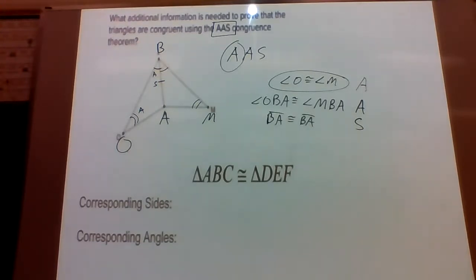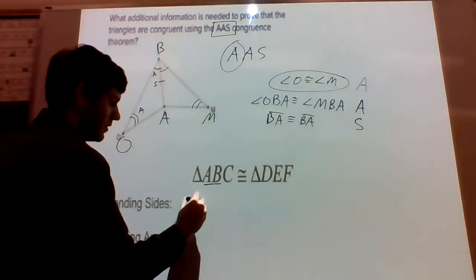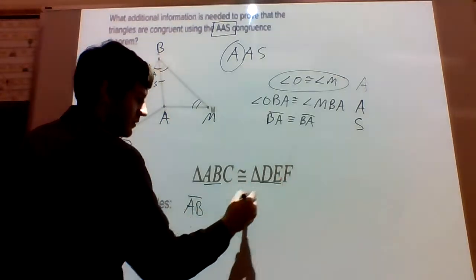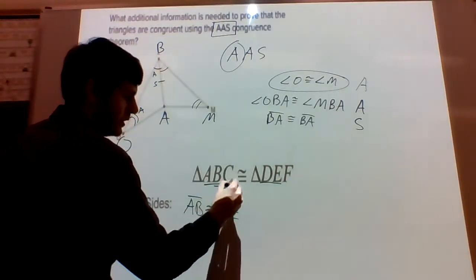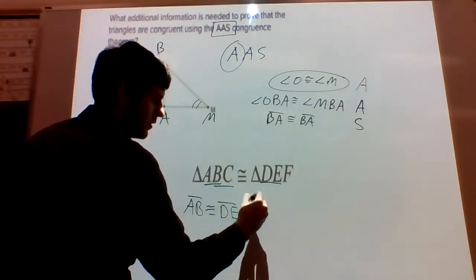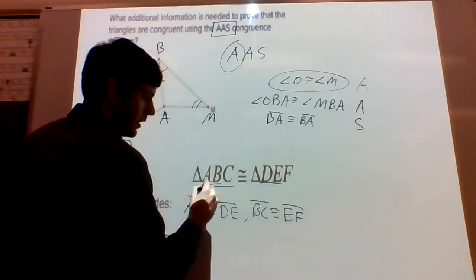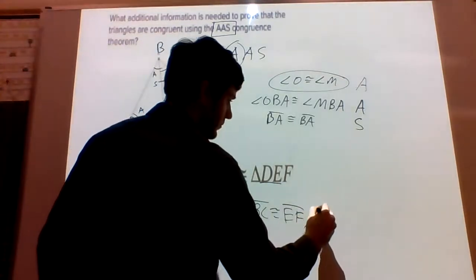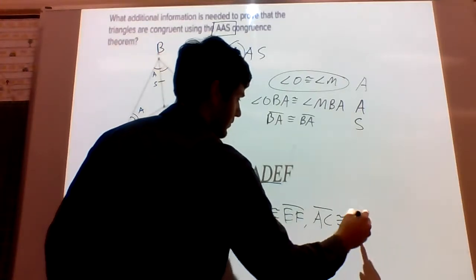Triangle ABC is congruent to triangle DEF. Okay, we've done this about a million times. So AB is congruent to DE. BC is congruent to EF. And AC is congruent to DF.